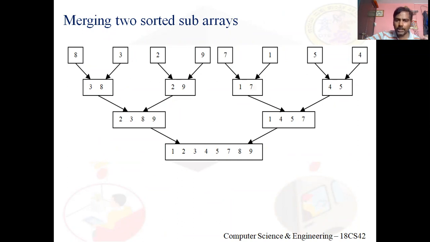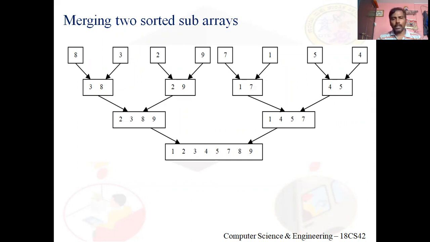Have a cautious look at the last second level. In it, there are two subarrays, each with 4 elements. There are 3 indices I'm going to use. I will point to the first element of the first sorted subarray, that is 2 in this.